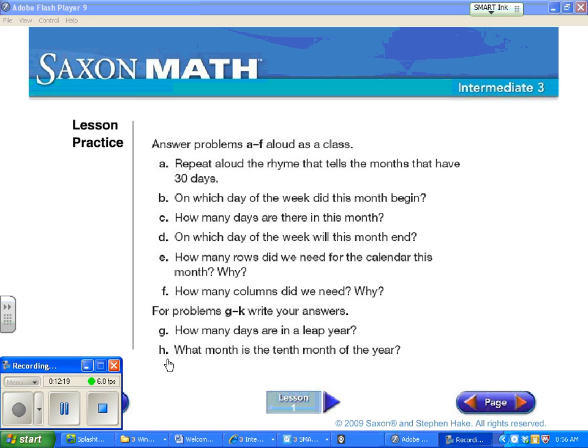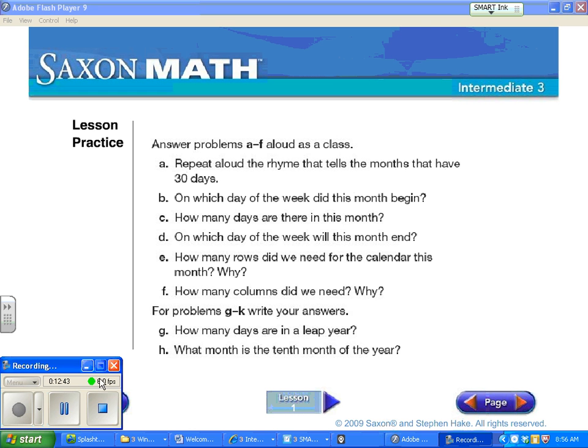Okay. Look at H. What month is the 10th month of the year? I know because my birthday's in this month. 10th month. Well, August is the 8th month, right? So we need to think how many more. Very good, Cadence. We thought 2 more. So August, September, October is the 10th month. Fabulous.